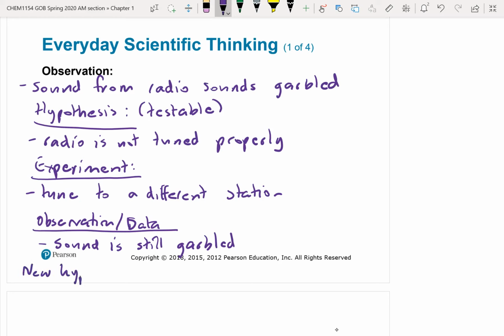So what's another tentative explanation as to why the sound from the radio can be garbled? Bad area. You're in a bad location. Yeah, maybe move yourself to a better location. What's another hypothesis? You're too far from the tower, so similar to this, get closer to the tower.